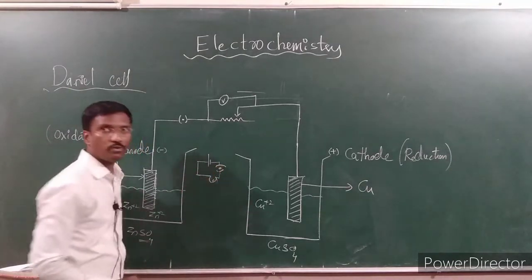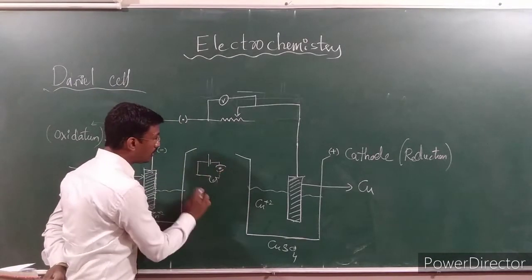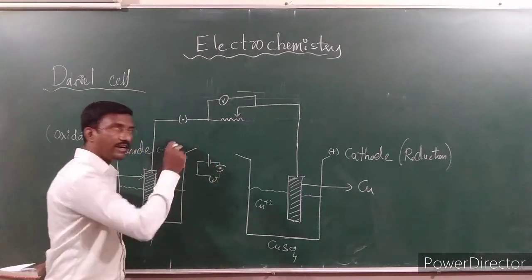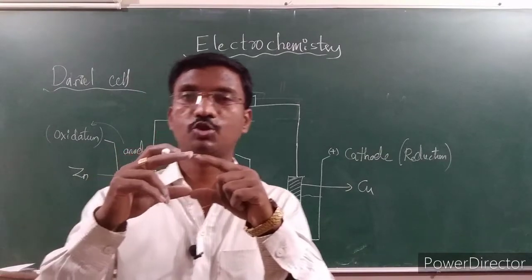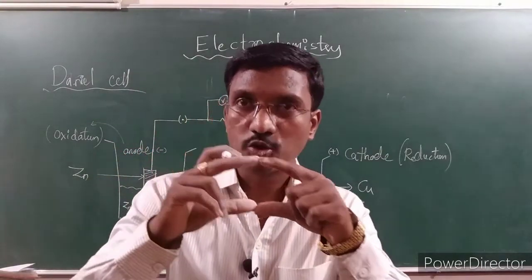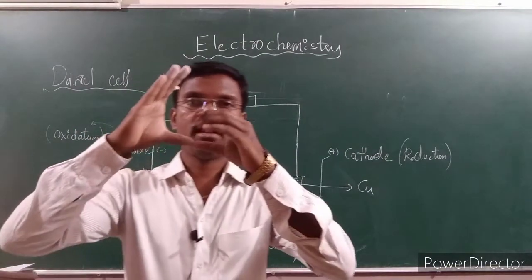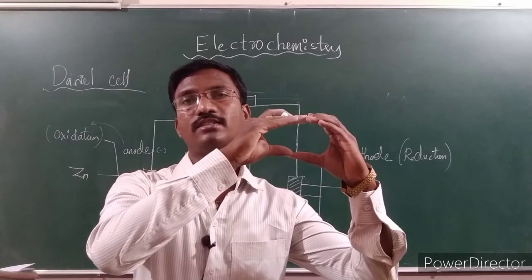The circuit is complete only when it is connected in a round shape. The wire should not be broken; every wire should be connected. Then only can we call it a circuit. I can't call this a circuit because these are not connected. If they are connected, I can call it a circuit.